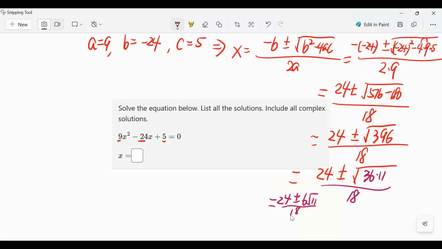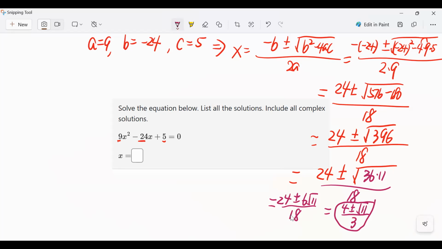And it's not done yet, right? We still gotta simplify a bit more by reducing all the numbers by 6. So we get 4 plus minus radical 11 over 3. Okay, so that should be the answer.